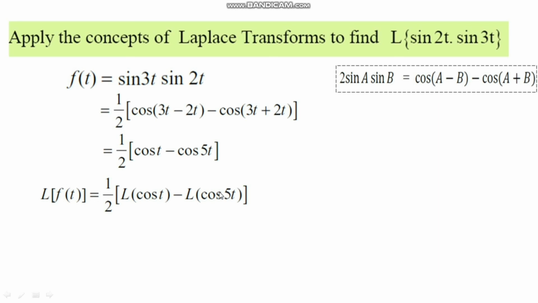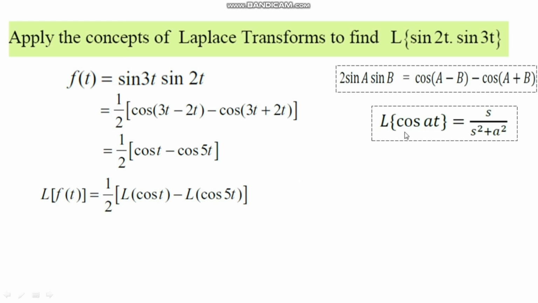Generally, to get the transform, we have the formula that the Laplace transform of cosine at is s by s square plus a square, and here both functions are cosine functions. Here a is 1, in the second term you have a 5.